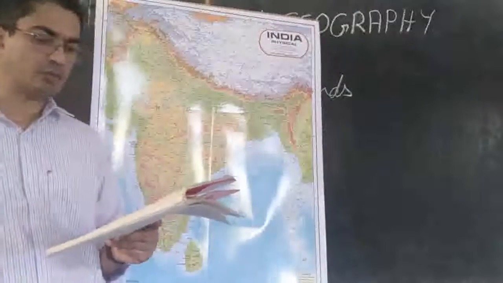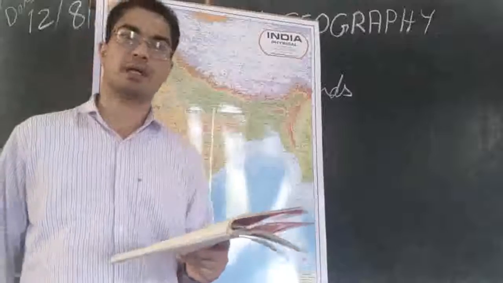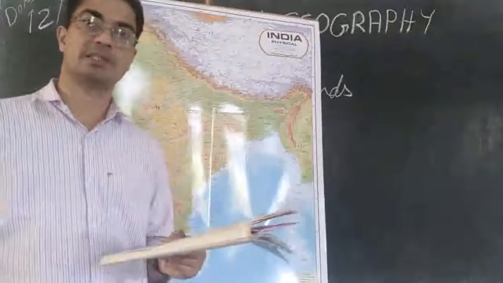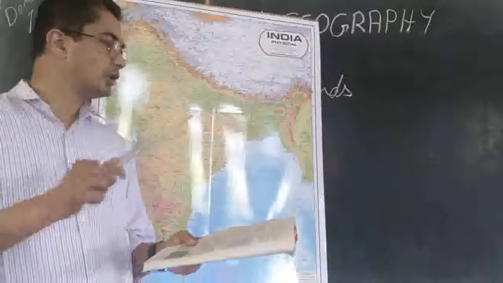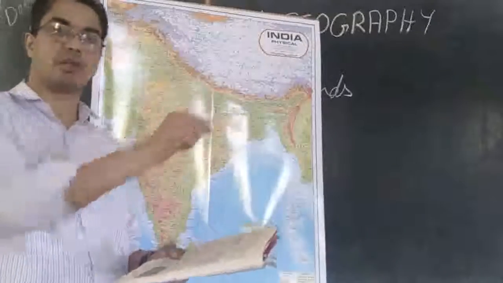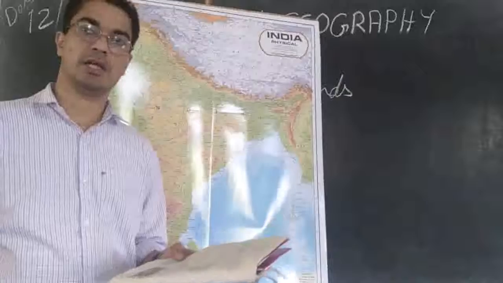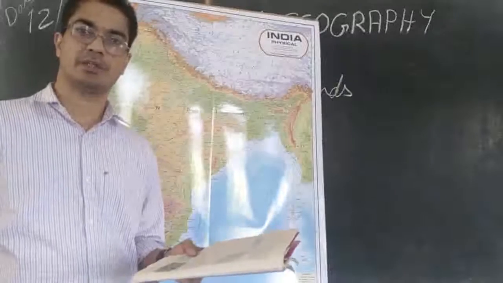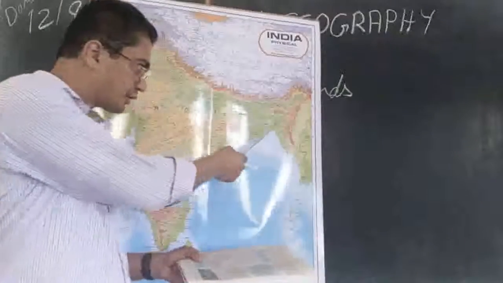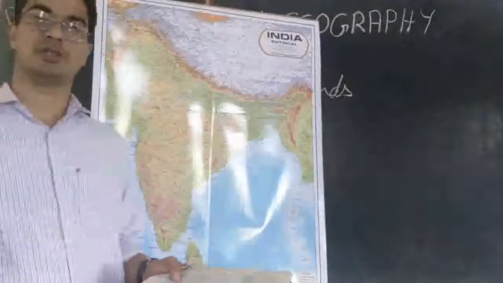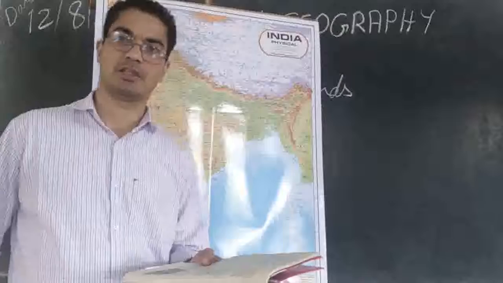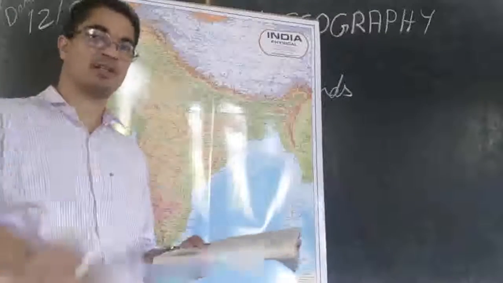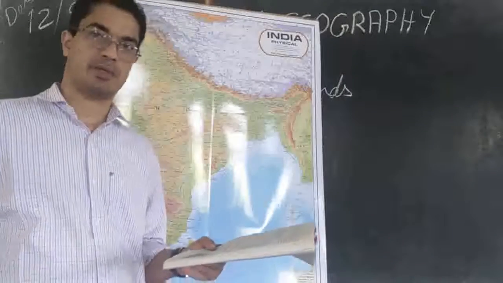Then the jet streams are located approximately over 27 to 30 degree north latitude. We said there is a line passing through the middle of India, that is Tropic of Cancer, and above that line it is called subtropic climate.